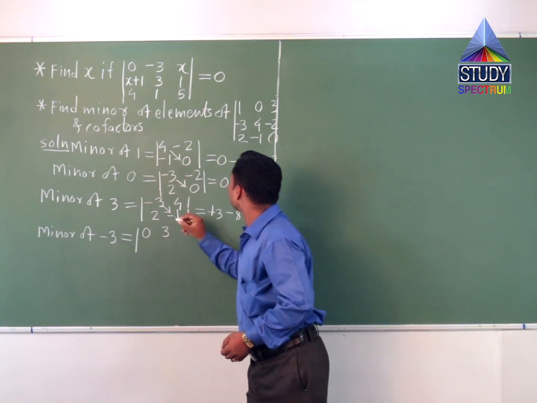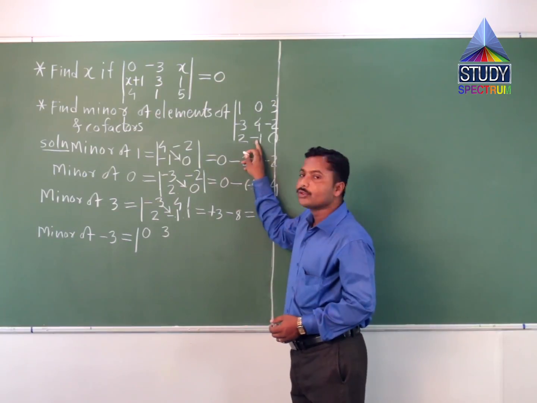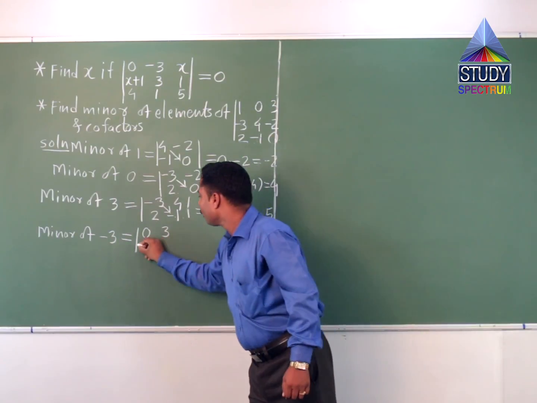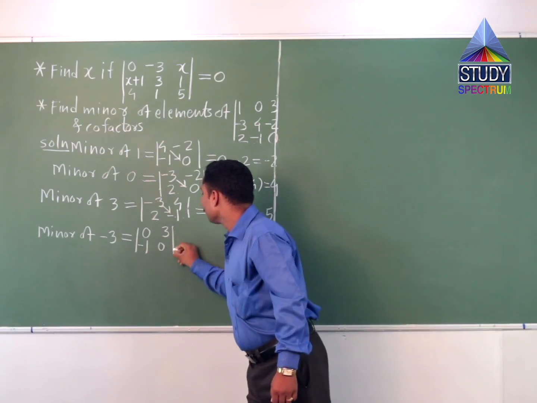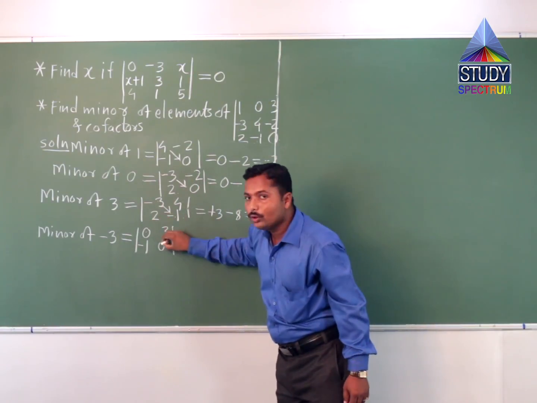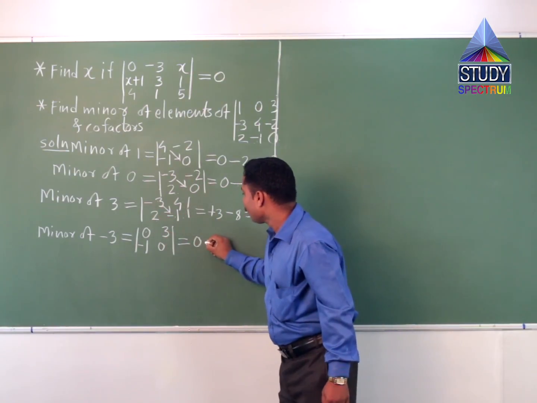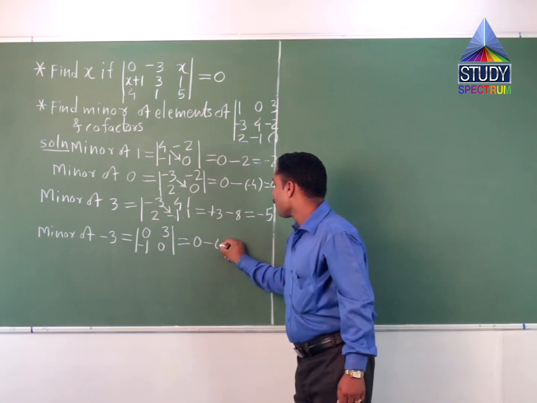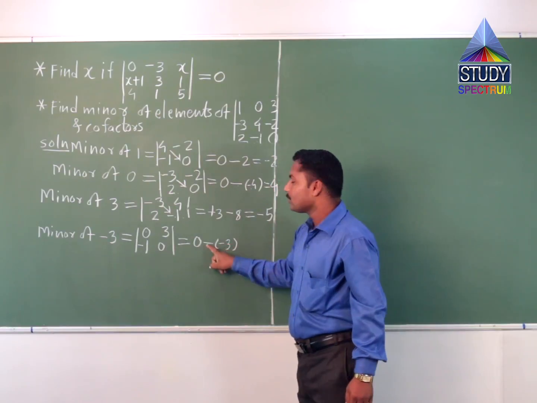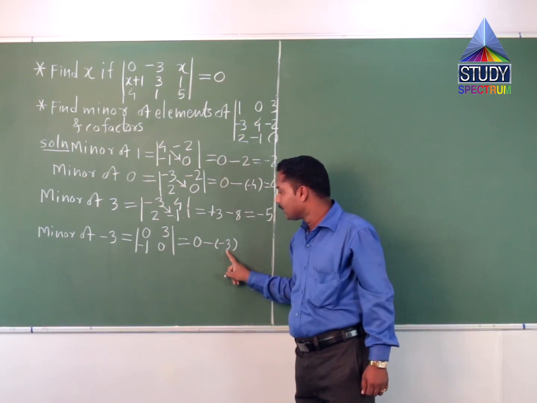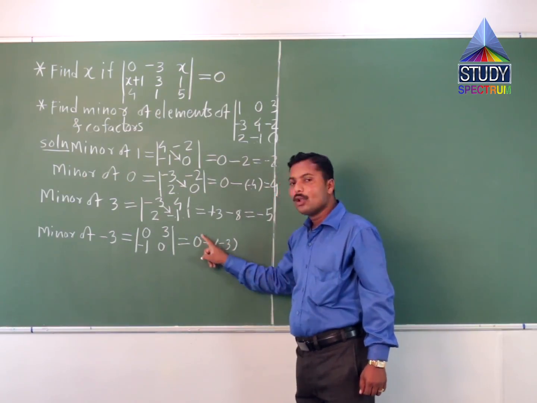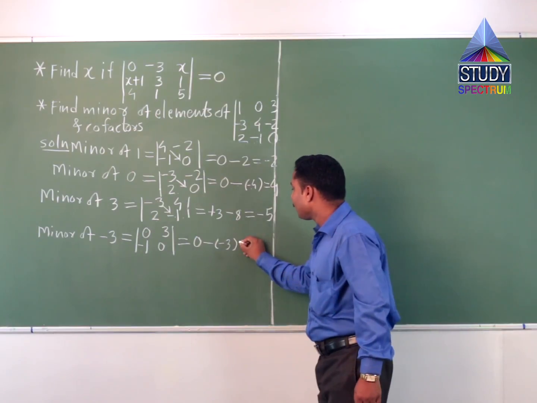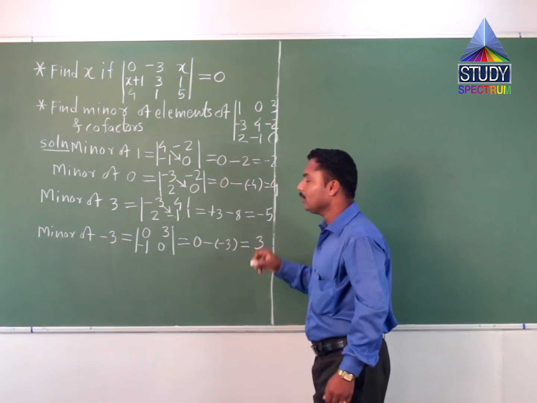So equals 0 into 0, 0, minus 3 into minus 1, minus minus plus 3, so 3 plus 0, 3.